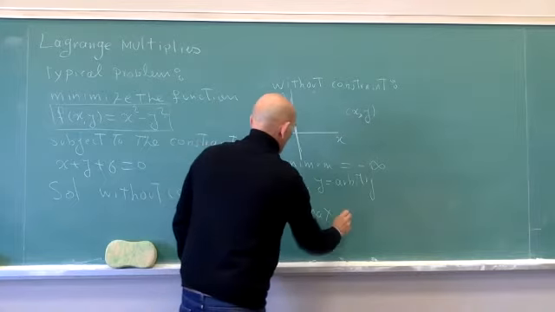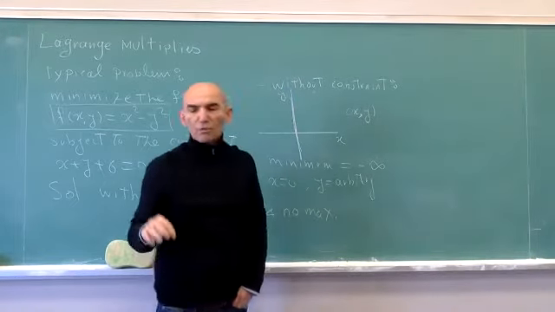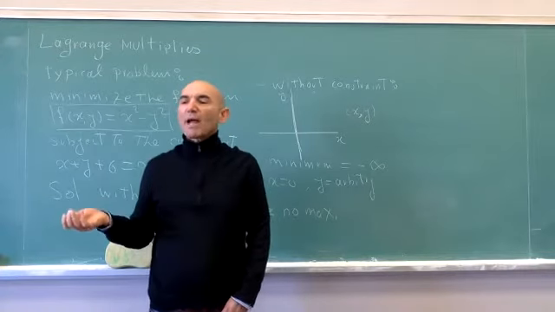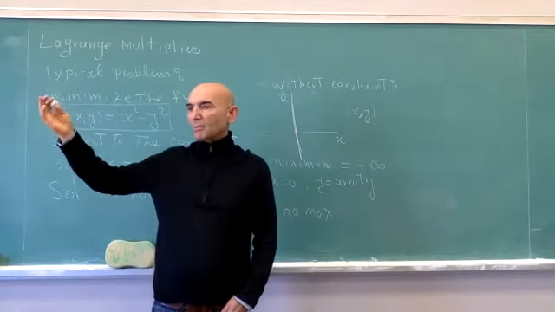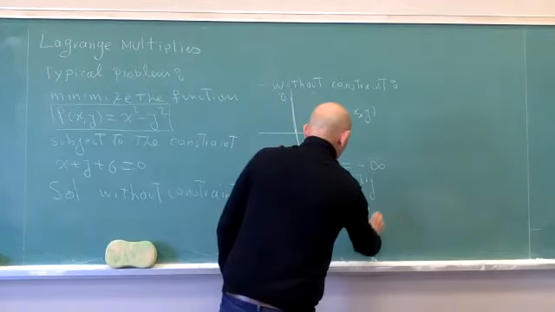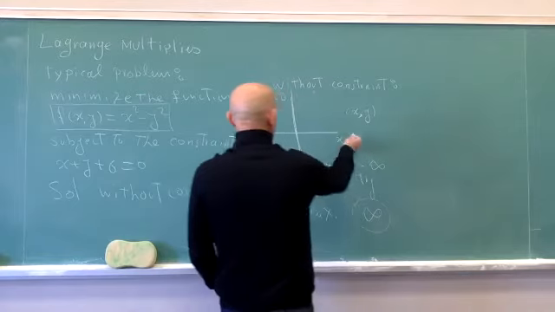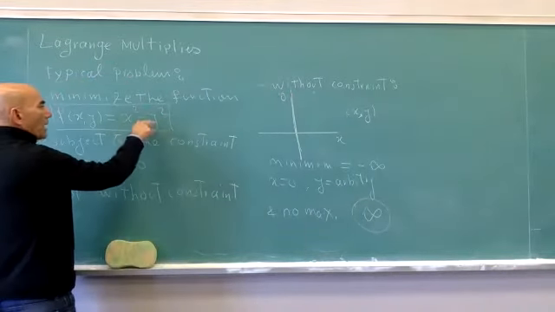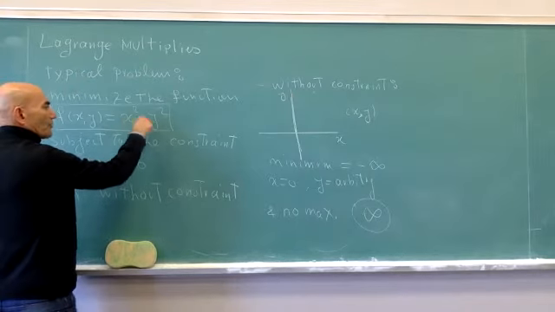If you tell me no max, I would ask you what you mean by no max. Then you would say, well, the maximum in some sense is infinite because it takes larger and larger values. In that case, we restrict ourselves to the line x arbitrary, y equal to 0.